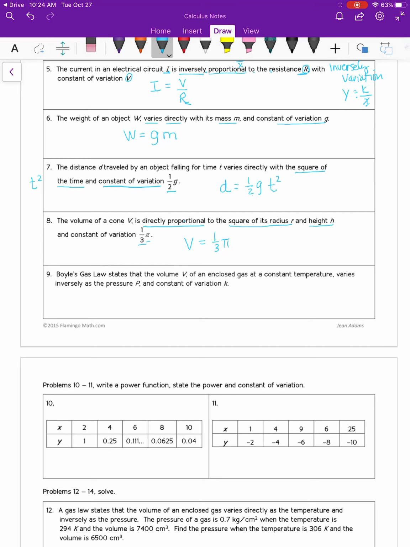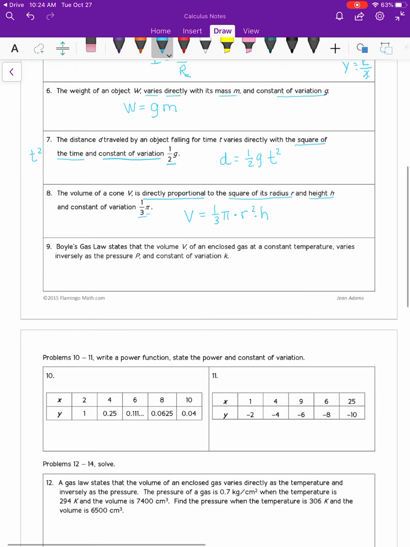Then it's varying directly, so I'm going to multiply that by the square of r and h. Even though it says and, it doesn't mean addition. It means go ahead and multiply that r squared also by h.